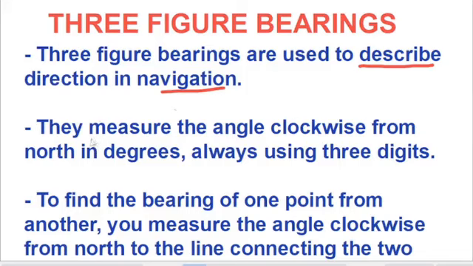These three-figure bearings measure the angle clockwise from the north in degrees, always using three digits. If you want to find the bearing of one point from another point, you have to measure the angle clockwise from the north to the line connecting the 2 points.